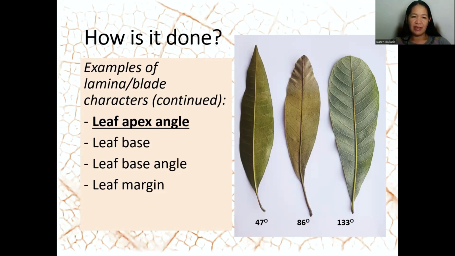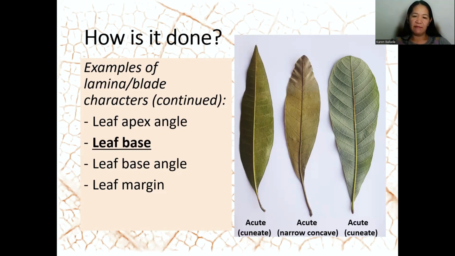And then the next blade character is the leaf base. So if you are describing the leaf apex, of course, you need also to describe the leaf base. The leaf base, again, you just need to take a look at the proximal part or the lower 25% of the lamina or the blade, and there are several categories that you can put it here.